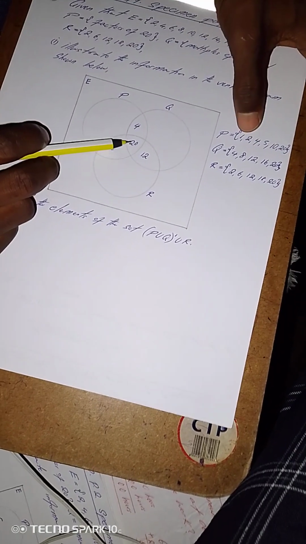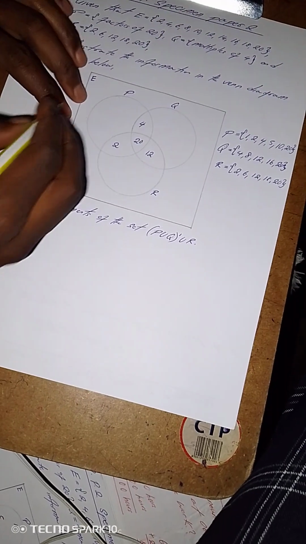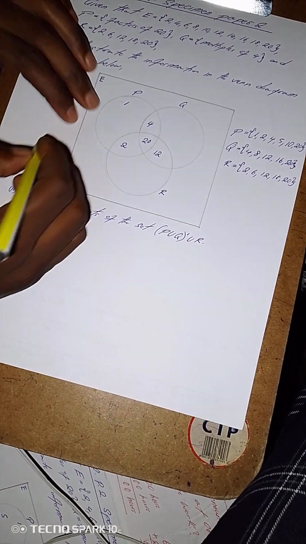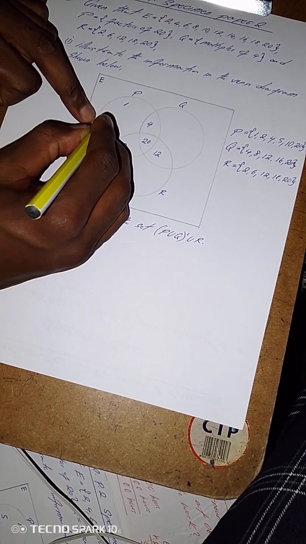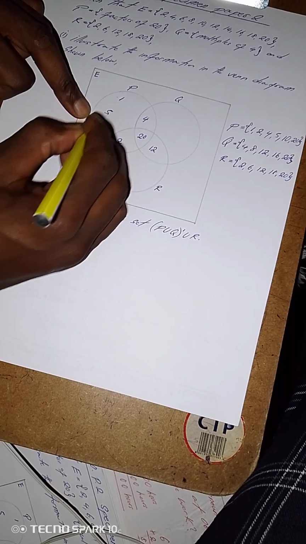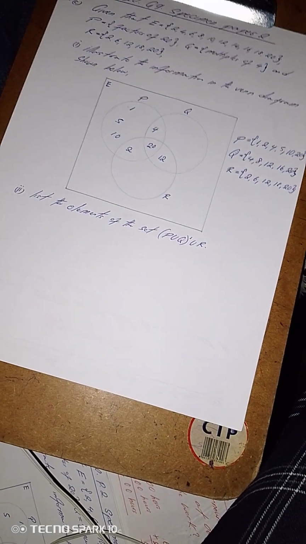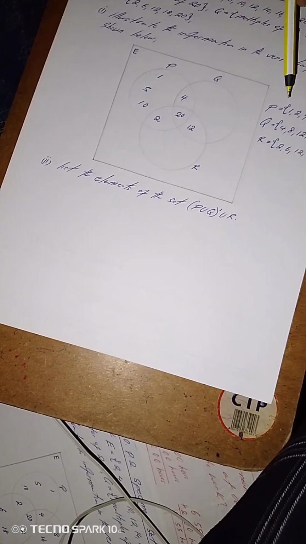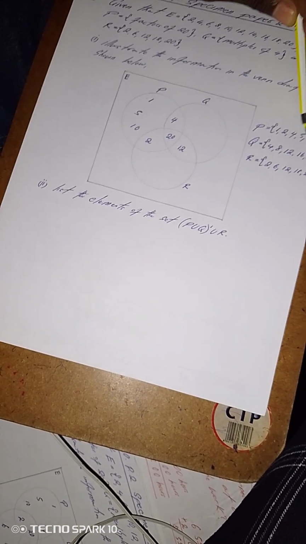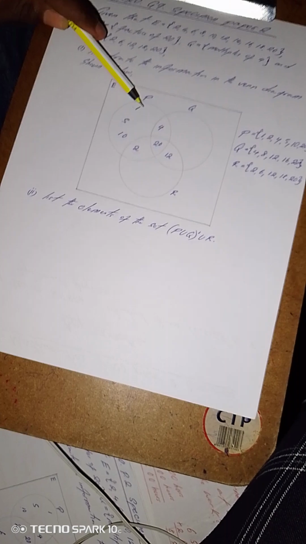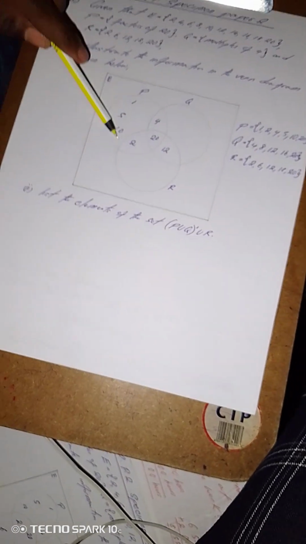So we are going to put the remaining ones here. We have 1, we also have 5, 10, like that. So P has 1, 2, 4, 5, 10, 20.